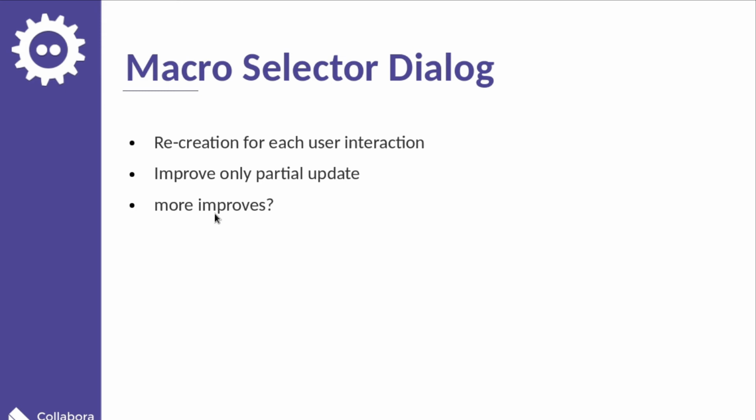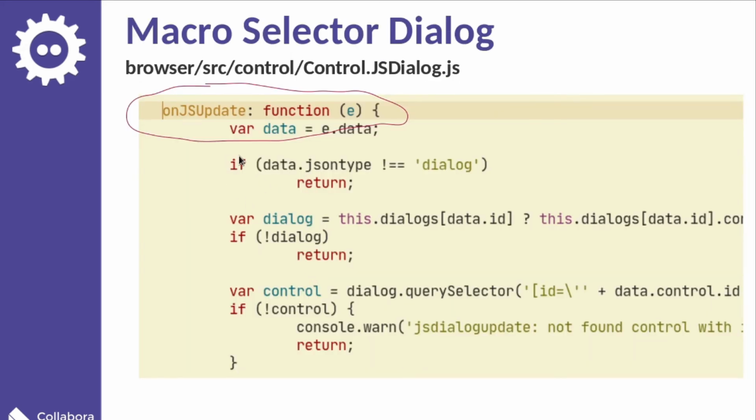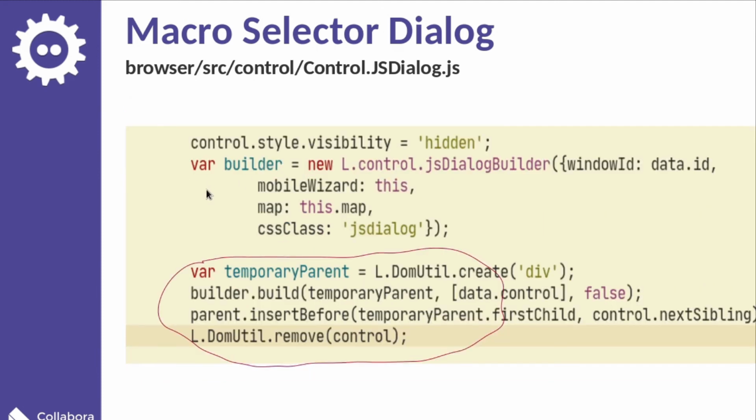And I will provide you some hints for potential further improvements. Here is the source code for when the client side receives the partial update, and how, in this example, just a control of the dialog is recreated and not the complete dialog.